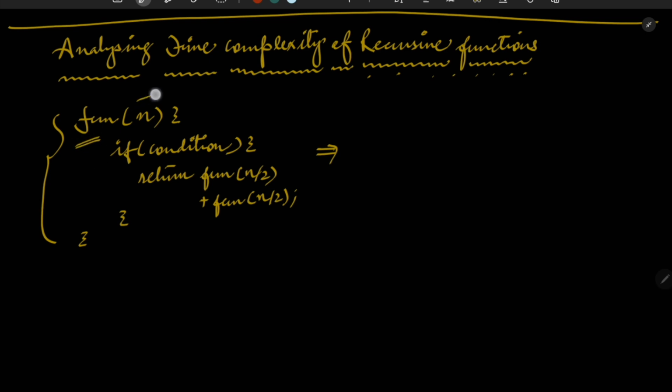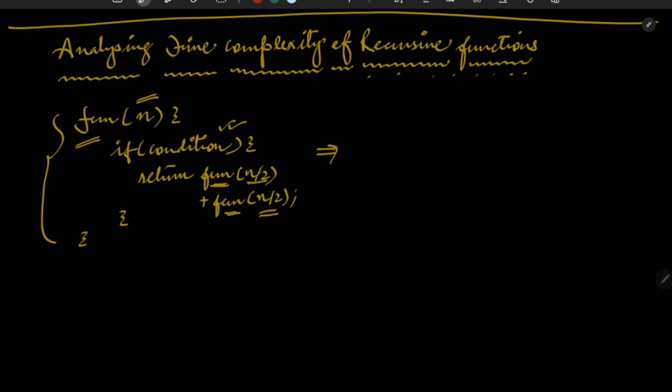There is an input to it which is n, and based on a certain condition, which is your base condition, we are going to return some smaller value, or rather we are going to call the same function recursively with a certain smaller value. For example, if some condition is satisfied, what we return is the same function fun with value n by 2 plus the same function fun with the value n by 2.